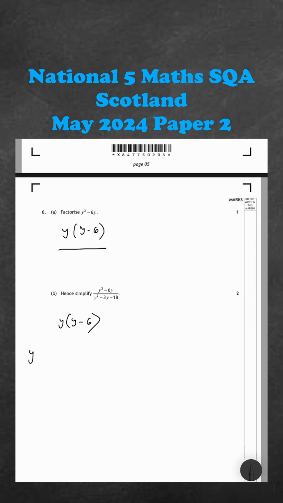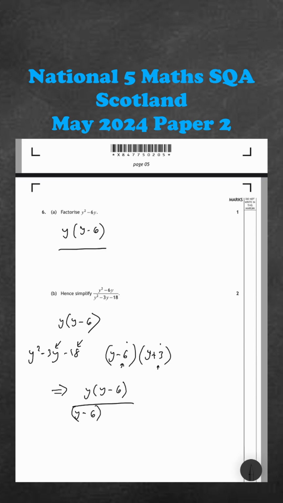Your denominator, y squared minus 3y minus 18, we can see that this can be written as y minus 6 lots of y plus 3, as we wanted two numbers here that multiply together to give you minus 18 and add together to give you minus 3, which is why we have minus 6 and a positive 3. Therefore, we can say this is y lots of y minus 6 over y minus 6 lots of y plus 3. Cancel out the y minus 6's, and you just get y over y plus 3.